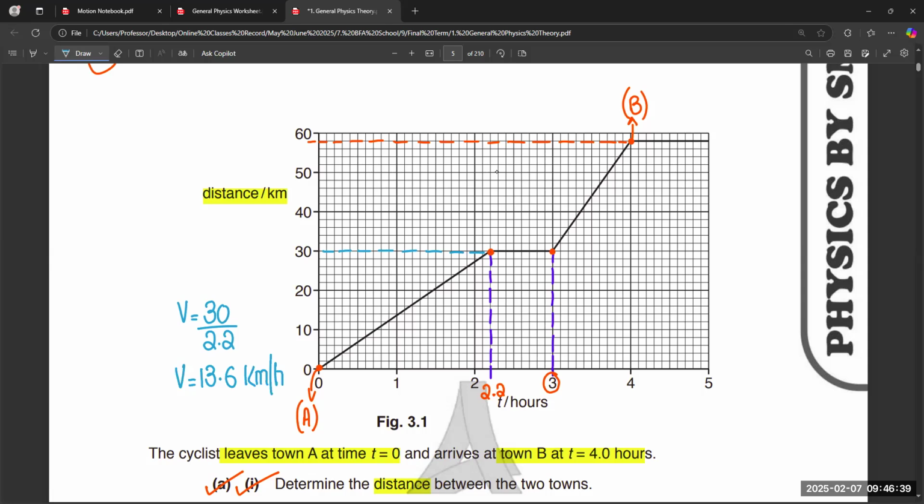So initially the body is moving with this speed or velocity before reaching this rest state.